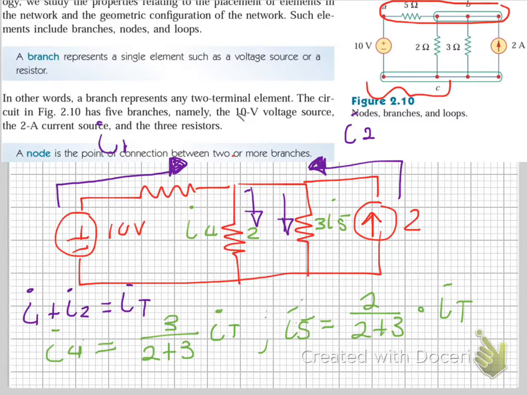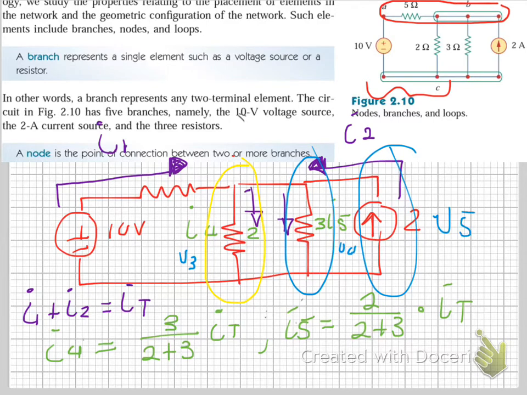Something else you should remember is that the voltage here, we'll call that V3, is equal to the voltage there. Man, yellow is a terrible color. Why is yellow so bright? Oh, we'll go for blue. So V3 is equal to the voltage there, V4, which is equal to the voltage there, V5, right?